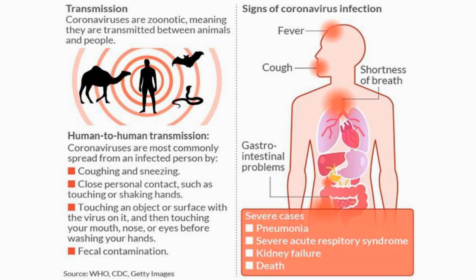The common signs of coronavirus infection are fever, cough, shortness of breath, and gastrointestinal problems also. In severe cases, it can become pneumonia, severe acute respiratory syndrome, kidney failure, and can also cause death.